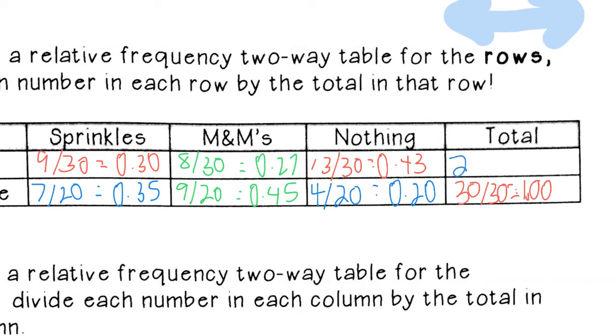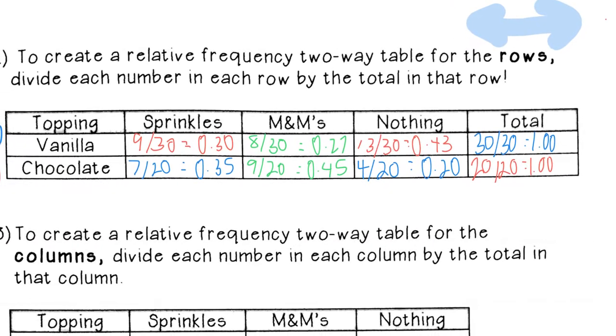Switch that up. Let's erase that. That should go on the top one, because our vanilla was 30. And then our chocolate was 20. So this is our frequency table if we were going for the rows.